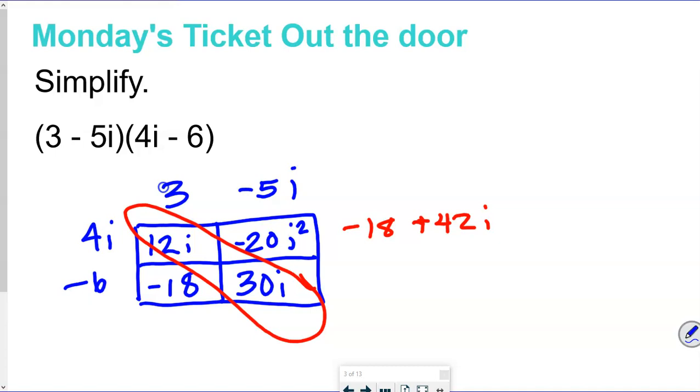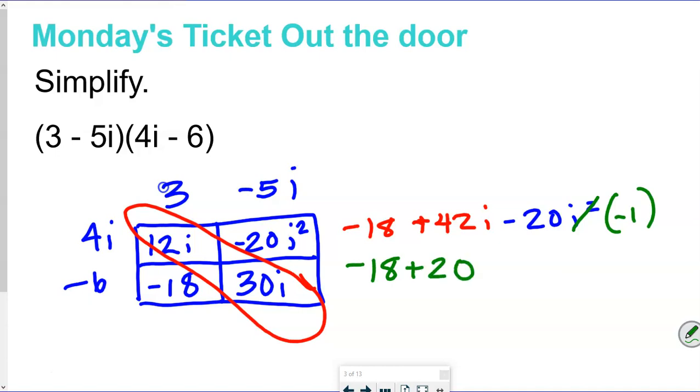So this is going to be minus 20I squared. Recall again that we can change out that I squared for a negative 1. So we're going to have negative 18 plus 20 now, because negative 20 times negative 1 is positive 20, plus 42I. So this is going to be 2 plus 42I.